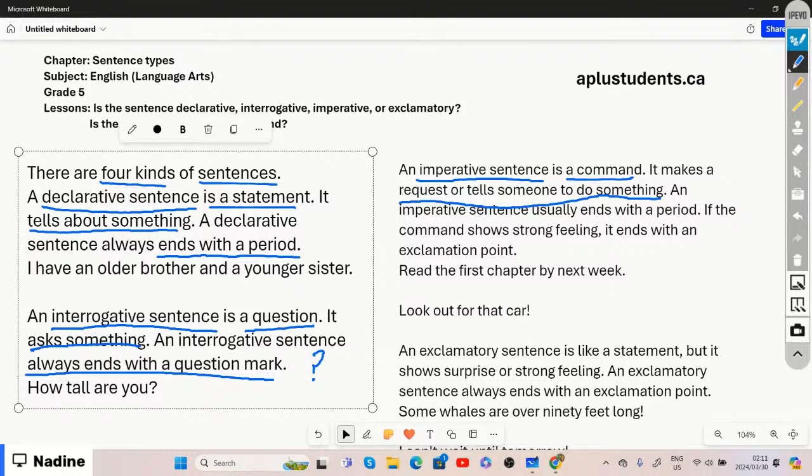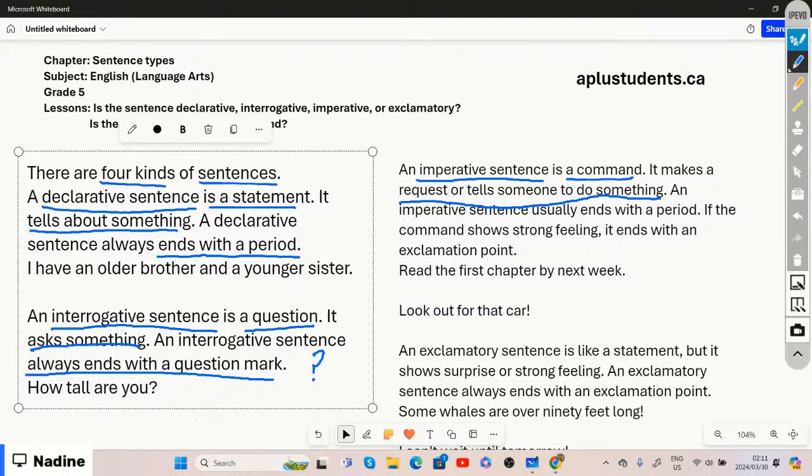Then we have an exclamatory sentence. An exclamatory sentence is like a statement, but it shows surprise or strong feeling. It always ends with an exclamation point.